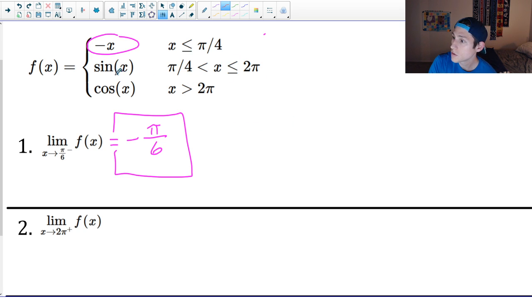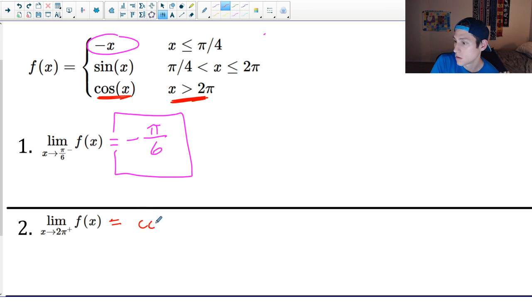Even though if I were just straight plugging in 2 pi, I would use sine, our limit is approaching from the right. So we're thinking about plugging in things that are a tiny bit larger than 2 pi, so we want to use cosine.